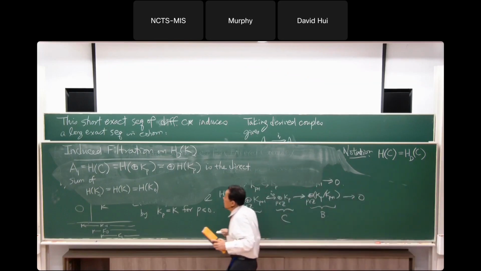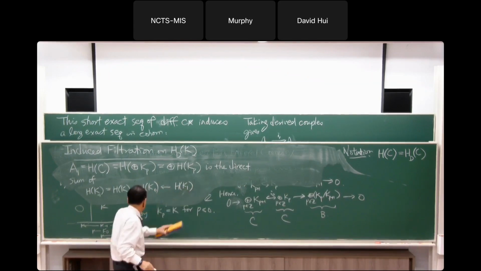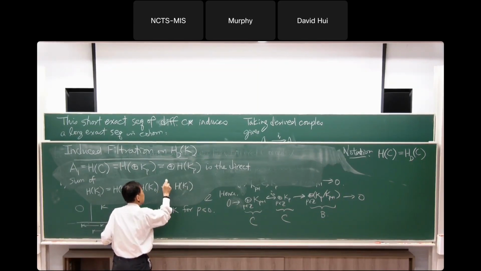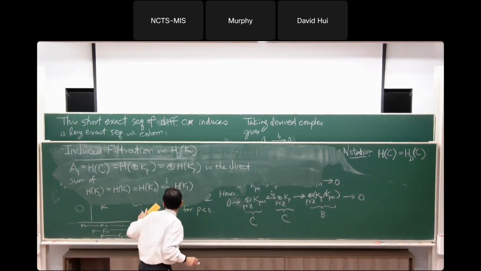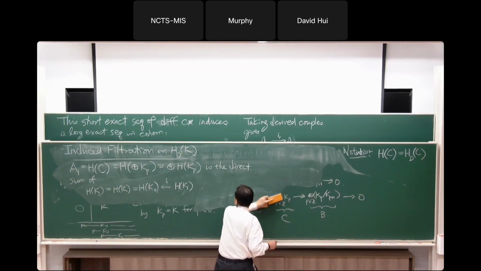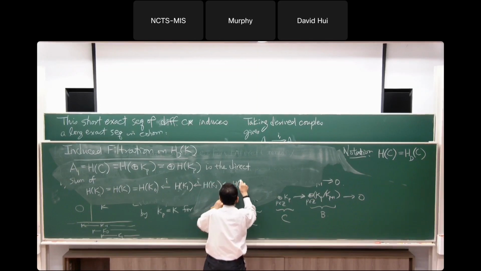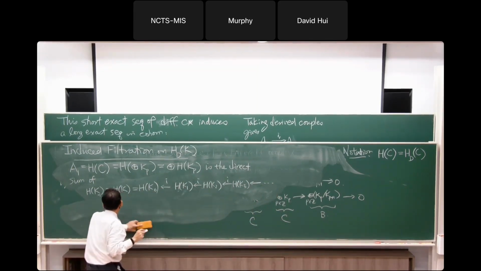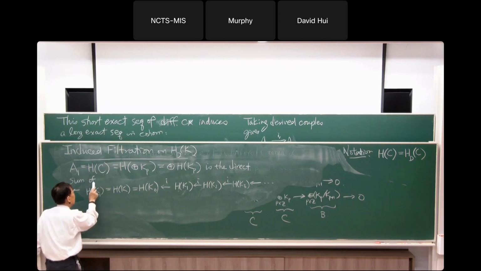And then H of K1: K1 is included in K0, so that inclusion I0 induces a map in cohomology we call I. Similarly, H of K2 maps to H of K1 by I. So it goes on forever in both directions, and A1 is the direct sum of all of these terms.